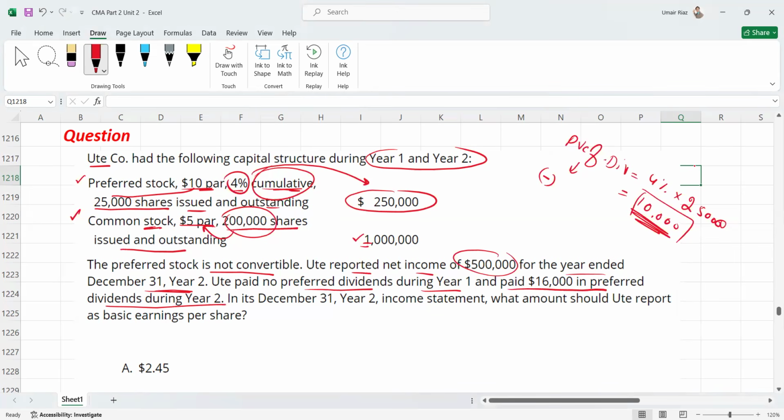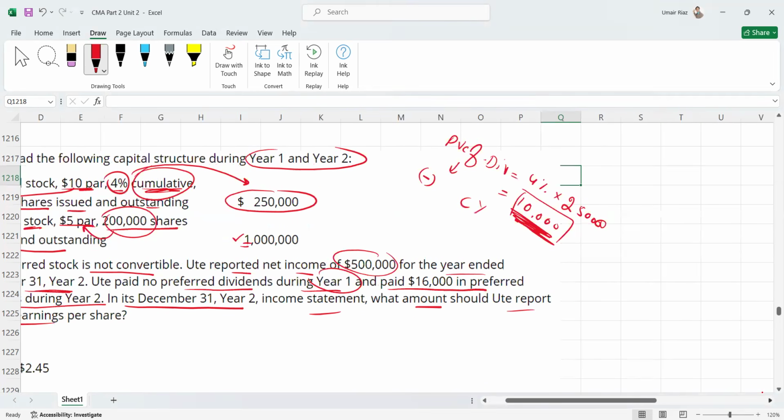Please remember, even though 16,000 is paid, we will deduct only 10,000 because we have to deduct only the current year dividend. It is cumulative, so whether it is declared or not declared, you deduct the dividend, but for the current year only. Then they're asking, in the December 31st, year 2 income statement, what amount should you report as basic EPS?